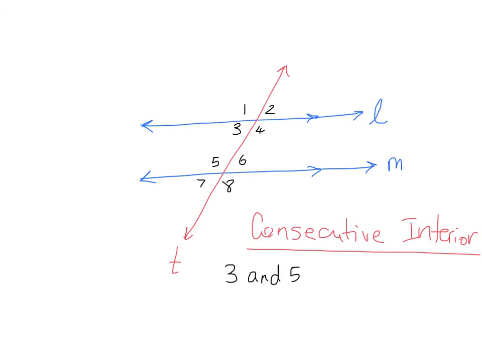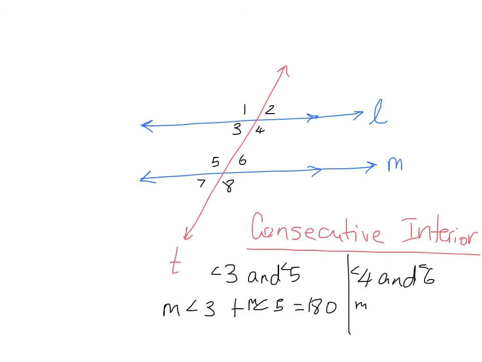So 4 and 6 should also add up to 180 degrees. So let's write this down. So really the measure of angle 3 plus the measure of angle 5 is 180. And the same goes over here, that the measure of angle 4 plus the measure of angle 6 is equal to 180. So when we add up consecutive interior angles, we get 180.